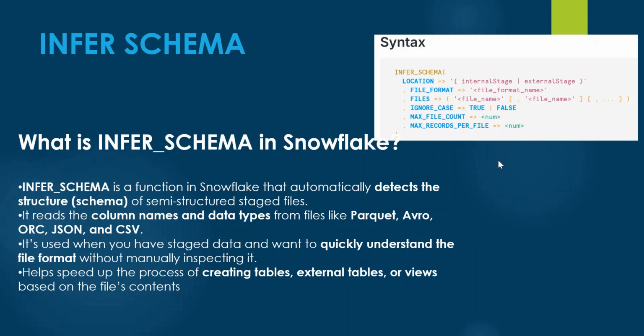I want those columns to be case insensitive, meaning every column needs to be in capital. Then I will be using ignore case equal to true. By default, it's going to be false. That means whatever the column name is in my files, whether it is camel case, small case, or capital case, it is going to stay like that only.